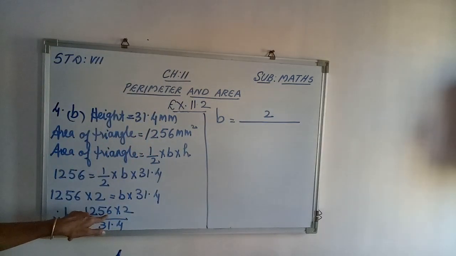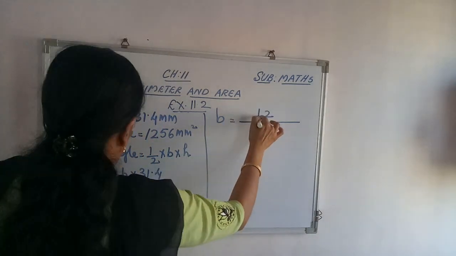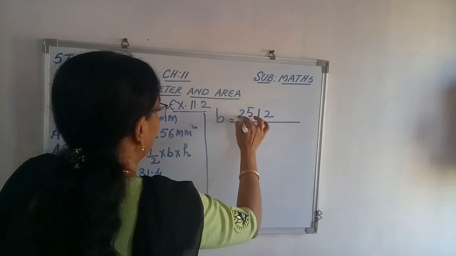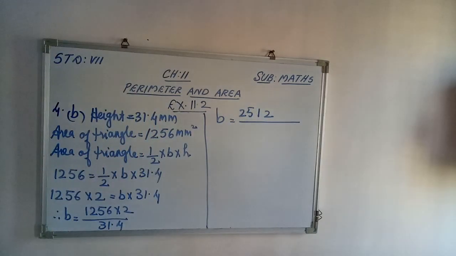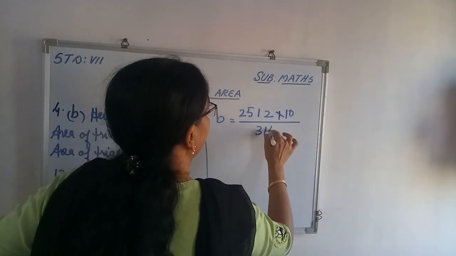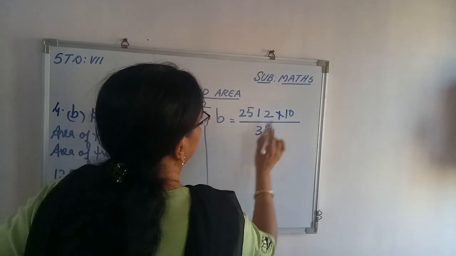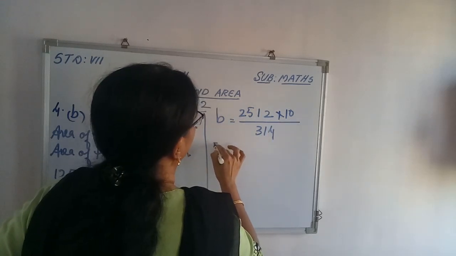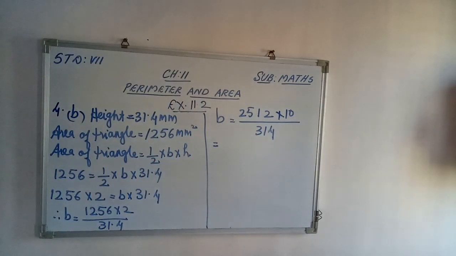6 2s are 12. 2512 divided by 31.4. Multiplying by 10, we can write 314. Divide 2512 by 314.